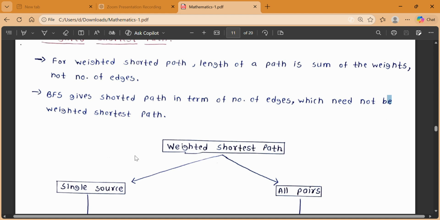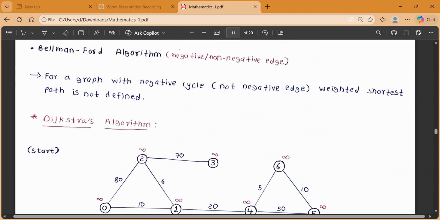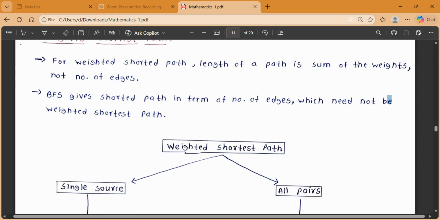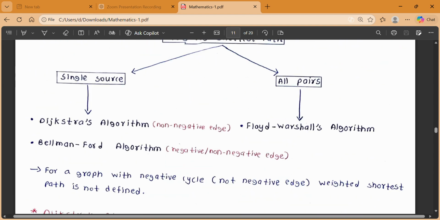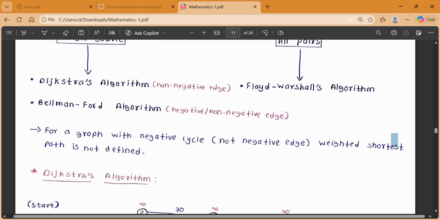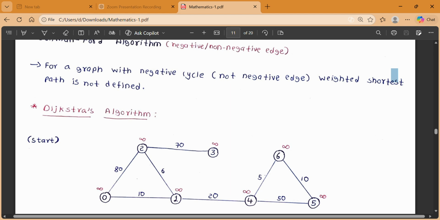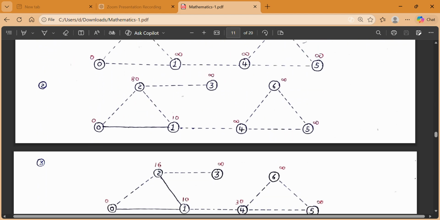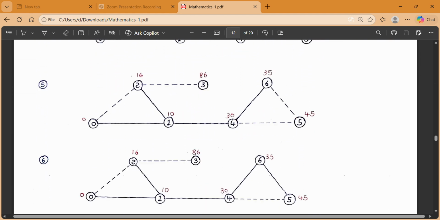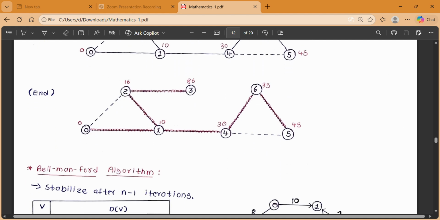Weighted shortest path is single source or all pairs. Dijkstra's algorithm works for non-negative weights, Floyd-Warshall for negative weights but not negative cycles.